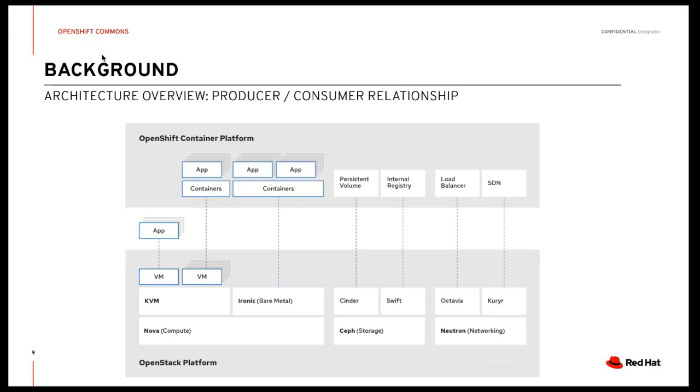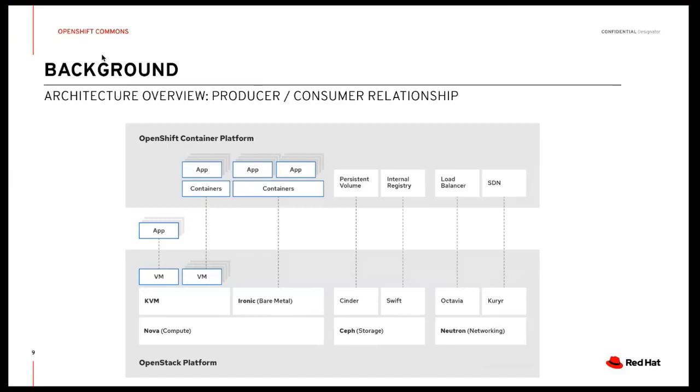So this is just an overview of the architecture, and it shows the relationship between the two products and how they're layered together. What's important to understand is that the relationship between OpenStack and OpenShift is complementary. These are not alternative approaches to do the same thing. OpenShift consumes the resources that OpenStack produces, and you can see some of those things here.